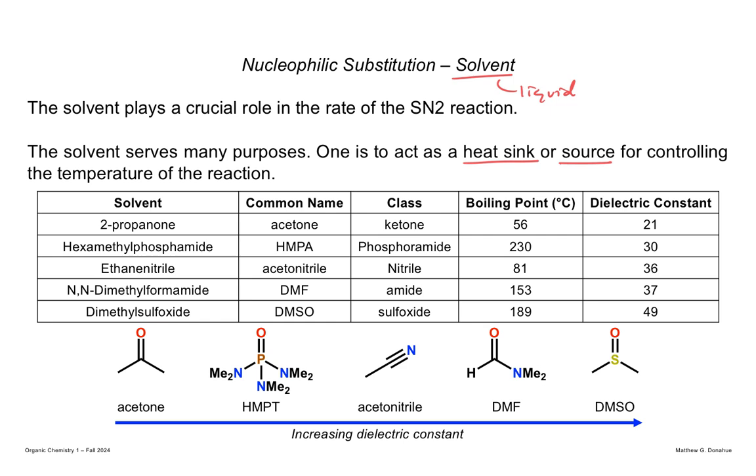Eventually, you'll hit enough energy that you overcome the activation barrier. Or if the reaction itself is producing heat and it's like runaway heat, where it's too much, the solvent will absorb that and sort of dissipate it that way.